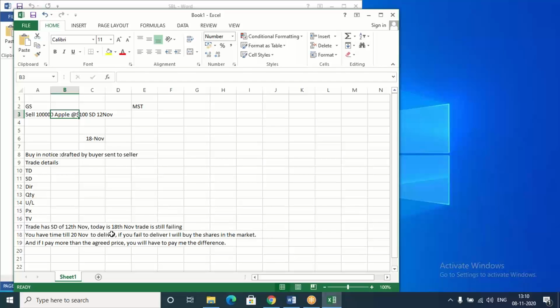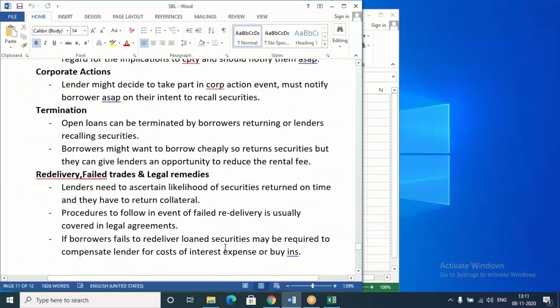And if he fails to deliver the shares in time or before the buy-in gets executed, he might have to compensate the buyer of the shares for the difference if he has bought it in the market and paid higher for it. Is that clear? Okay. So that's what the last sentence means.